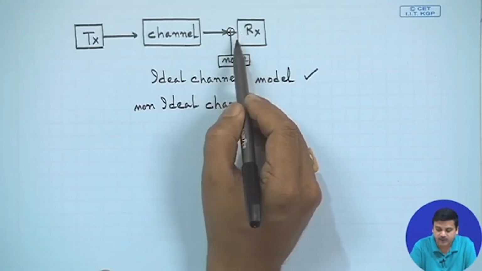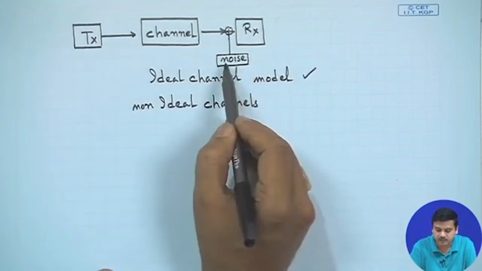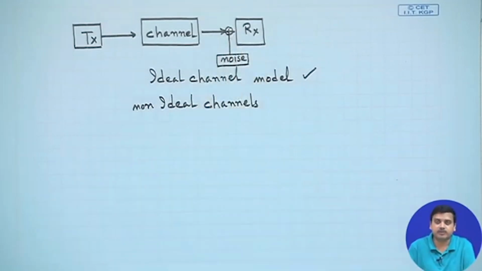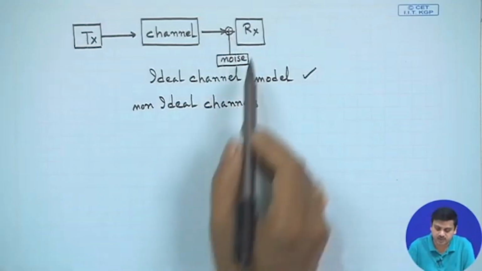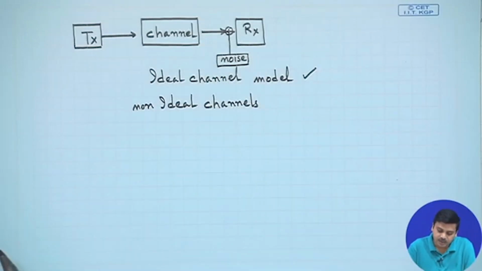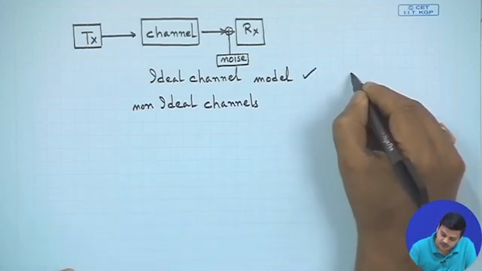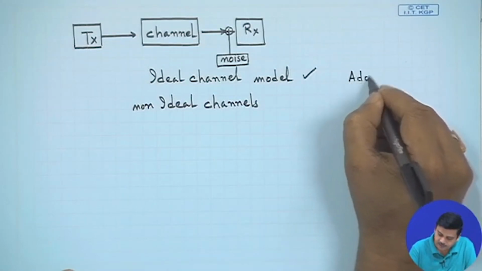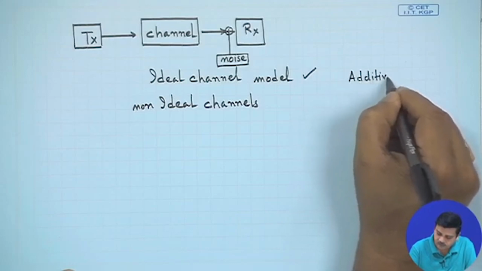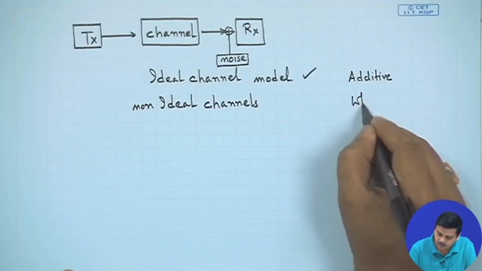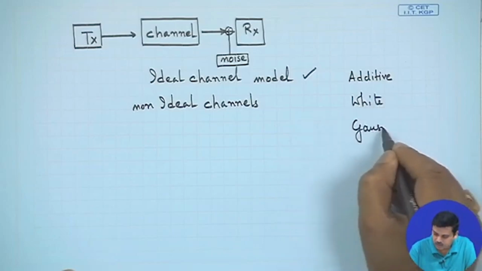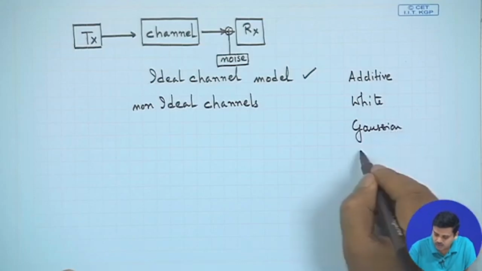All effective noise of the communication system in the form of additive noise gets added here because of the amplifiers and all passive components that are present in the system. So, one of the simplest channels that one can look at is the additive white Gaussian noise channel.